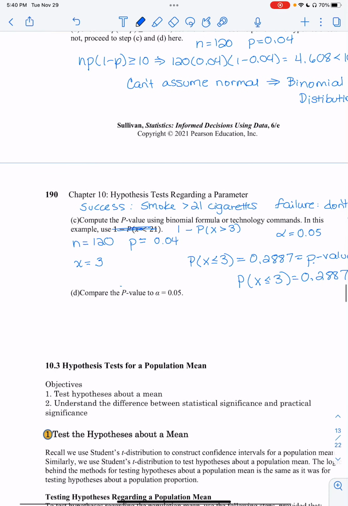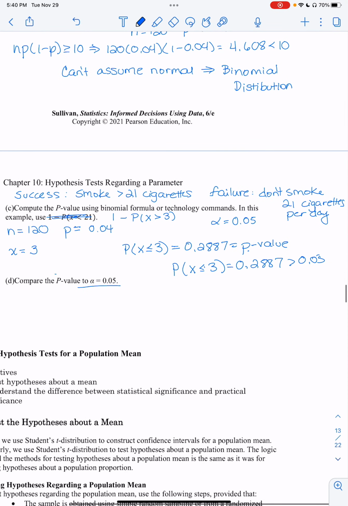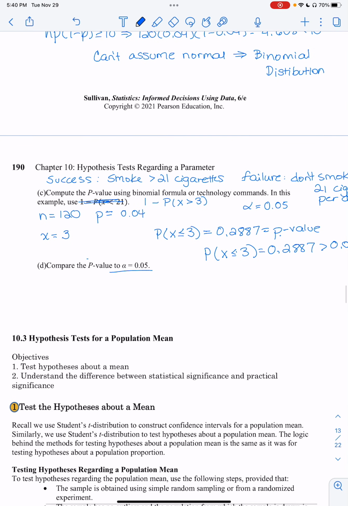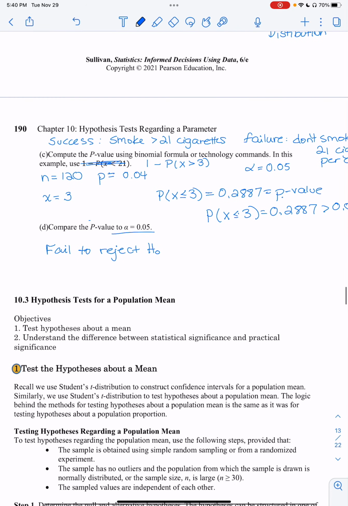And so when I compare those two, what I find is that I fail to reject my null hypothesis. So here I would fail to reject. Again, if I wanted to write that out, we could say that we failed to reject the null hypothesis.